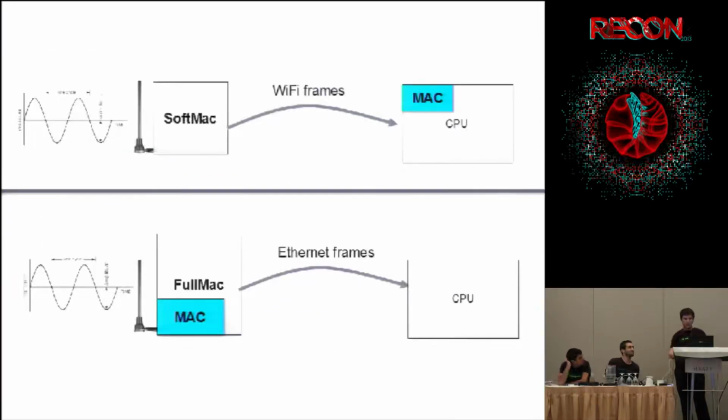So we began researching, why is this chip designed this way? And there are two approaches for implementing Wi-Fi chipsets. The first one is softMAC. In softMAC, the chipset is just a simple modem. It gets packets from the air and sends them directly to the Linux or the CPU, the PC, without any manipulation.